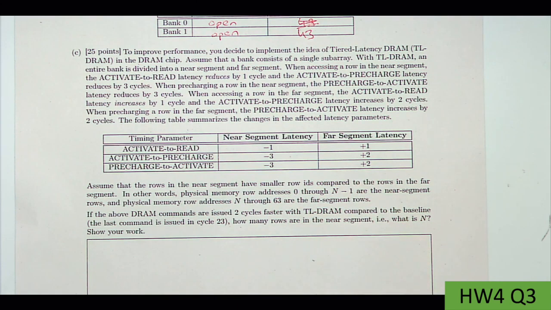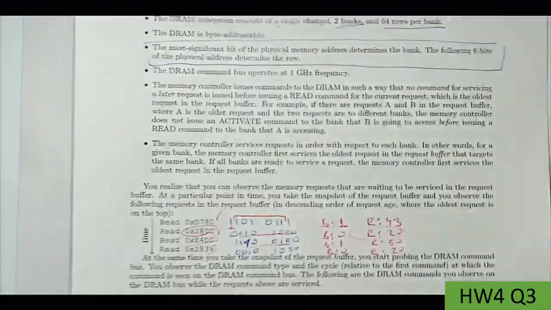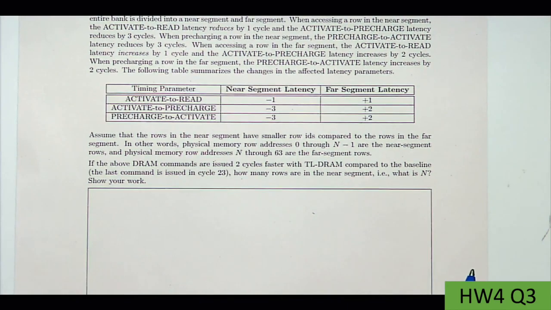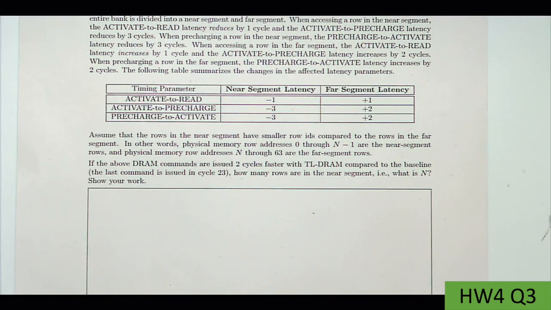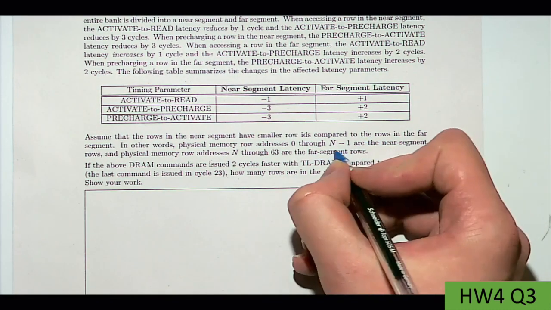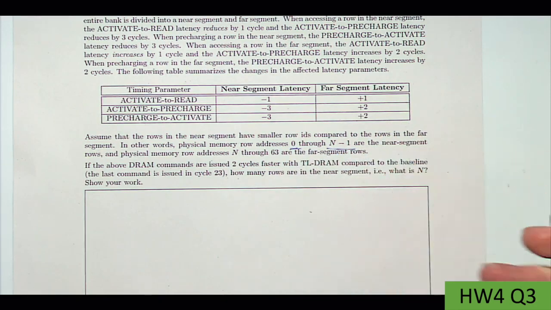The question gives us the number of cycles it takes to execute these requests if you have a TLDRAM where the size of the near segment is defined as n-1, so the rows from 0 to n-1 are in the near segment.